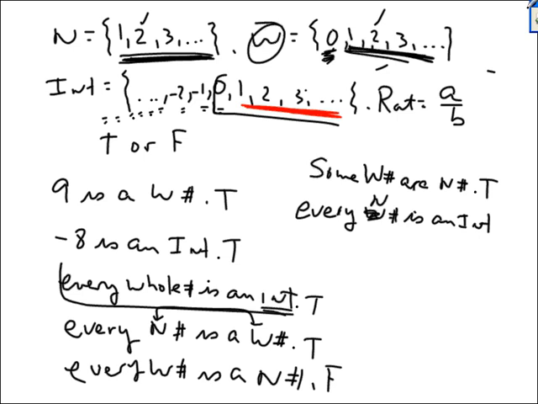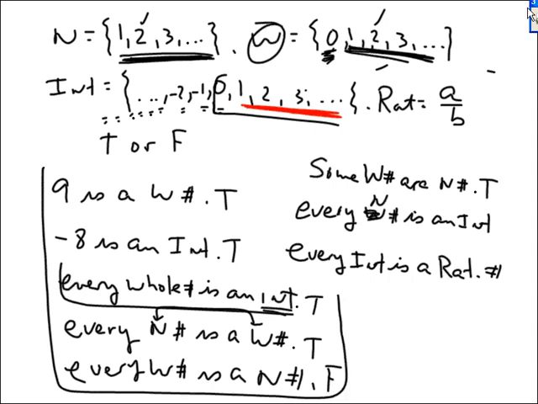Now, here's an interesting one. How about every integer is a rational number? Every integer is a rational number. Is that statement true or false? And I assure you it's one or the other. Either it's true or it's false.